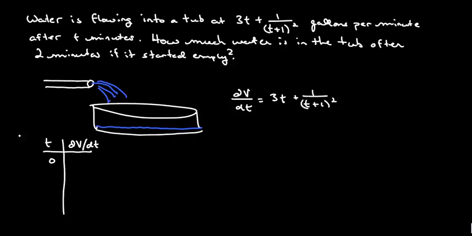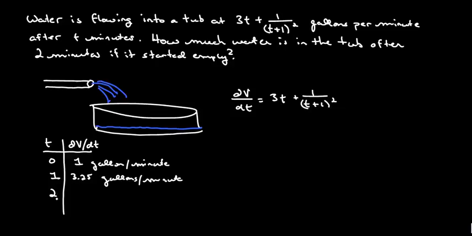So when t is 0, this becomes 0 plus 1 over 1, or 1 gallon per minute. Okay. And then when time is, let's say, 1, we get 3 plus 1 over 2 squared, or 3 plus 1/4, or 3.25 gallons per minute.